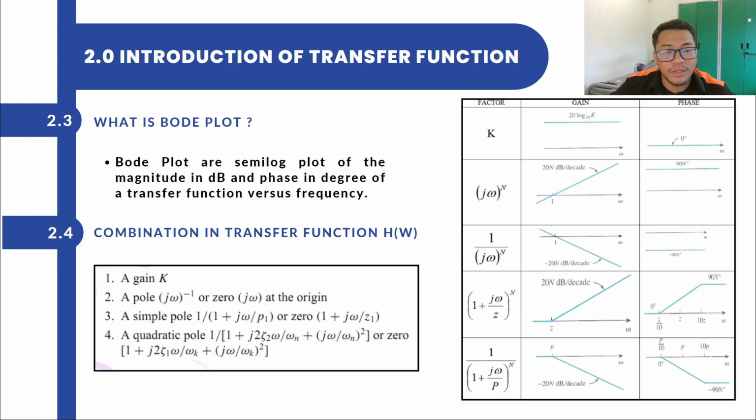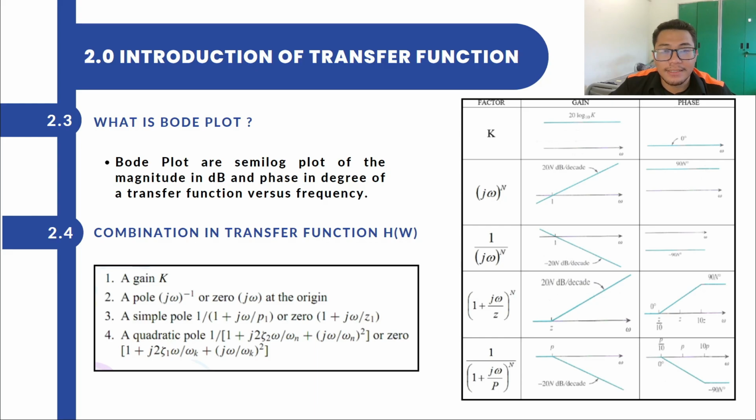To get a transfer function, it must have three elements: a gain K, a zero j omega or pole at the origin, that is, j omega for a zero at the origin, or 1 over j omega, that is a pole at the origin.